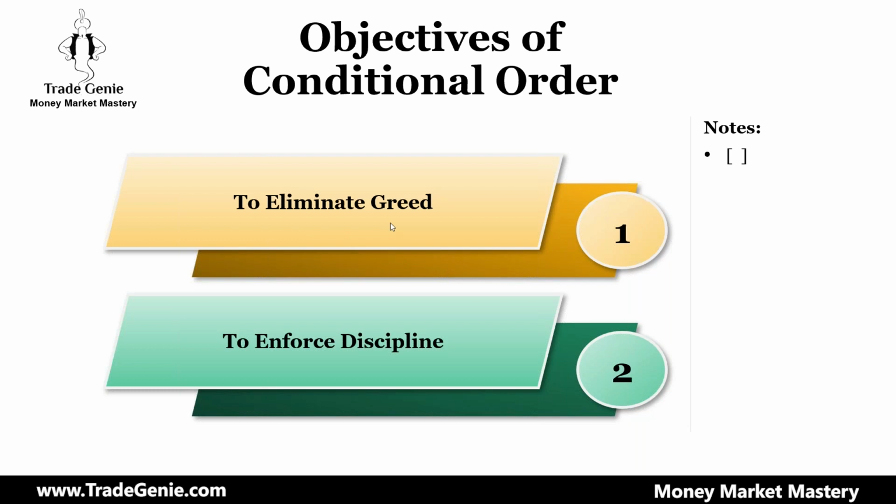So conditional orders eliminate greed and enforce discipline. If we know the target of IQ is 8, what happens a lot of the time when the stock is hitting some kind of target is that greed sets in. So our emotion, excitement.